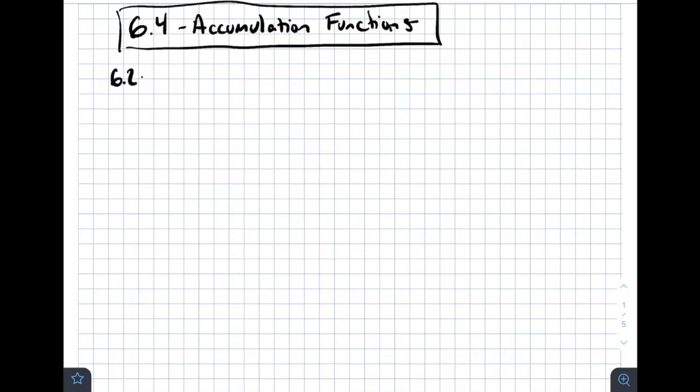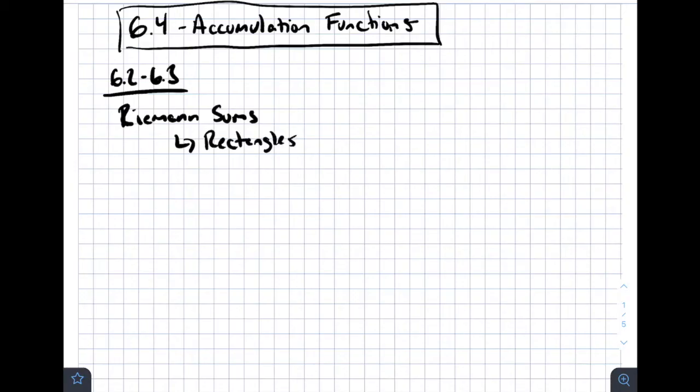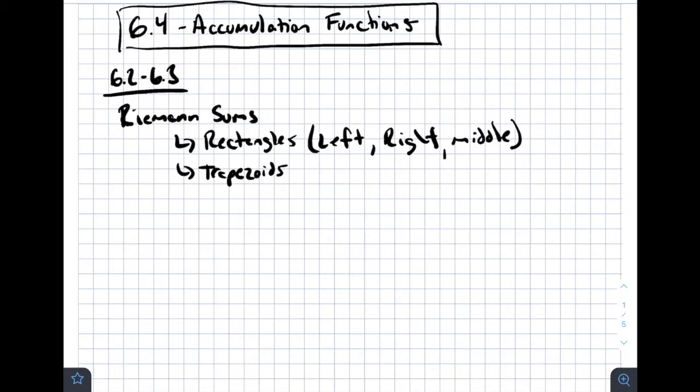In lessons 6.2 and 6.3, we learned about the idea of Riemann sums, which is the idea of using rectangles, whether they are left, right, or middle, in order to approximate the area under the curve. We also learned about trapezoids being drawn under the curve, these vertical trapezoids, to give us a more accurate area.